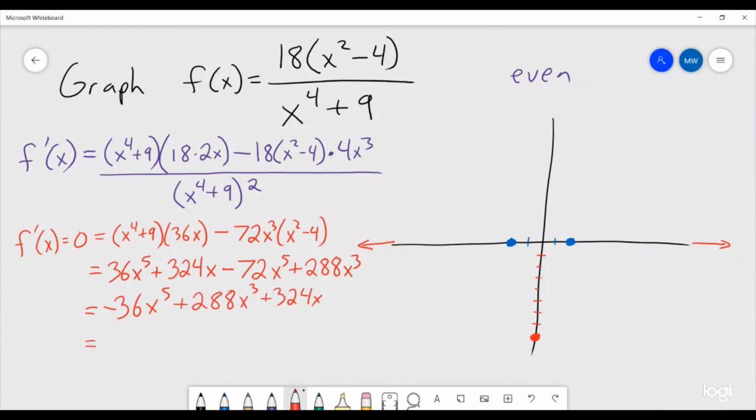We can at least pull 18 out. So 18x, we have a minus 2x to the 4th. 288 divided by 18, let's see what that is. 288 over 18, that's 16. So plus 16x squared, and then 324 divided by 18, that's 18. Oops.